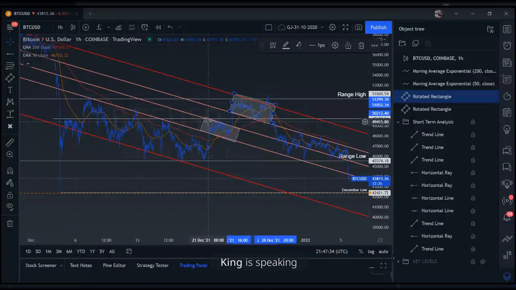But you always want to be patient, and you always want to be on the right side of the market. You don't want to be counter trend. You don't want to be trading against a trend. Obviously, if you're expecting breakouts and things like that, it's different.